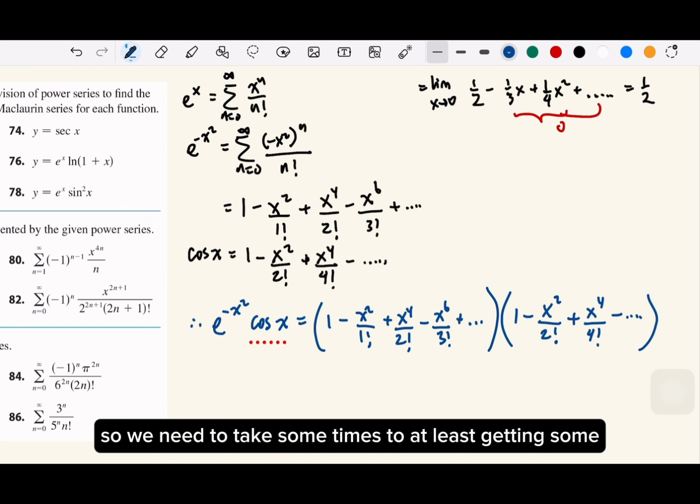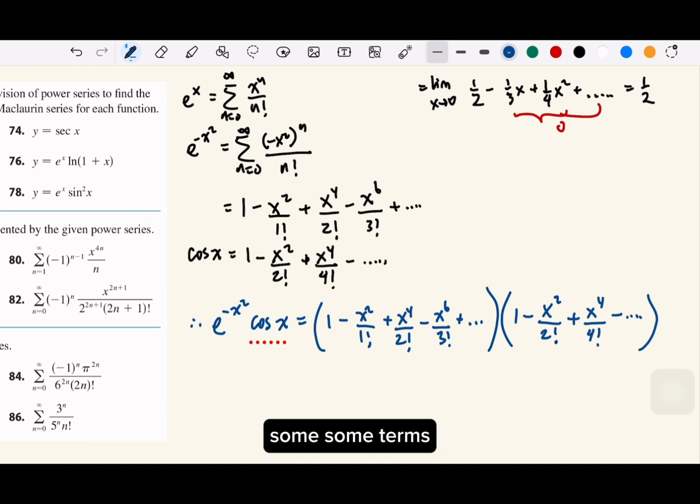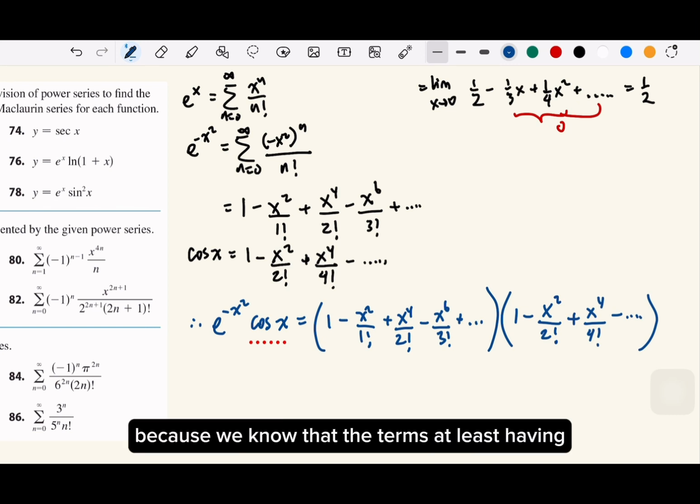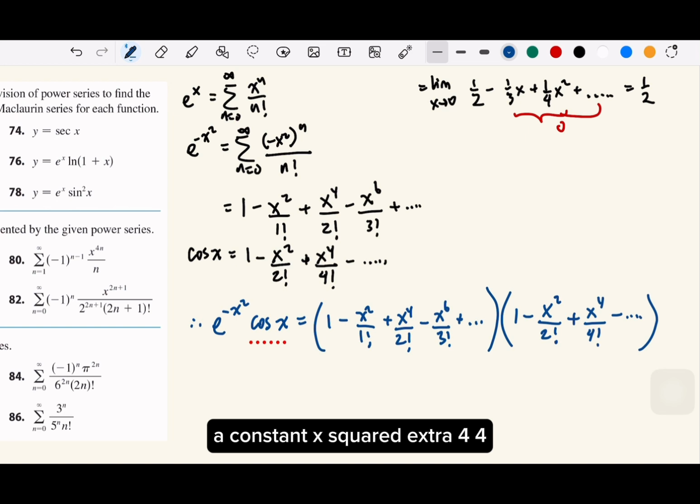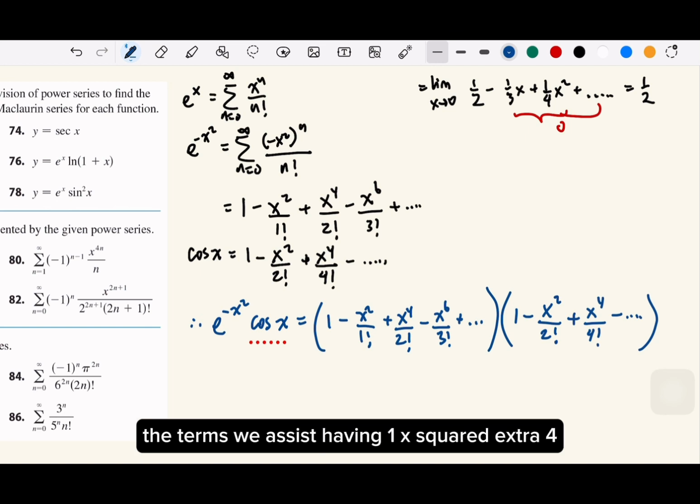So we need to take some time to at least get some terms, because we know the terms will at least have a constant, x squared, and x to the power 4.